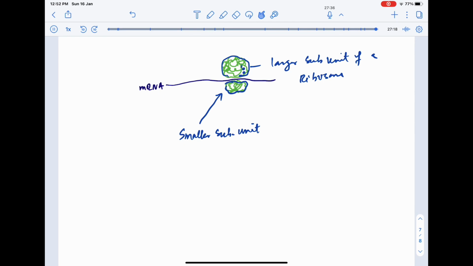Transfer RNAs bring amino acids to this ribosome, which joins them in a specific order, making a polypeptide chain. This we'll discuss in another lesson on protein synthesis in detail.